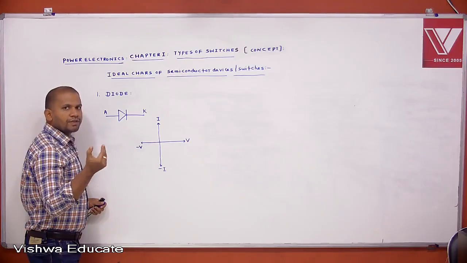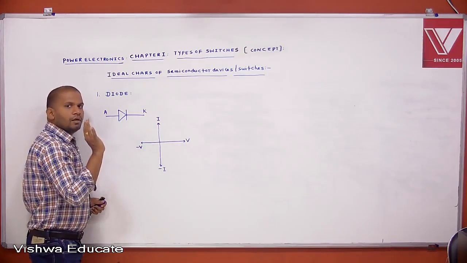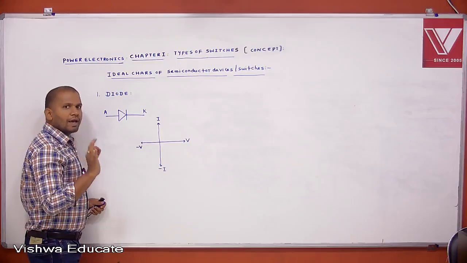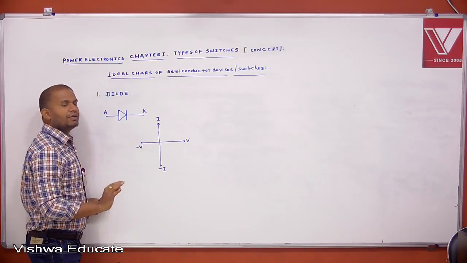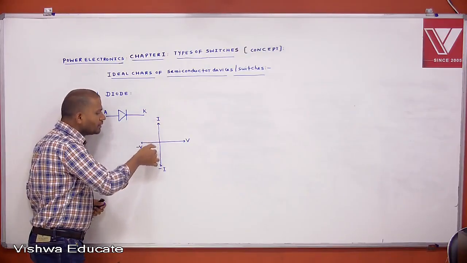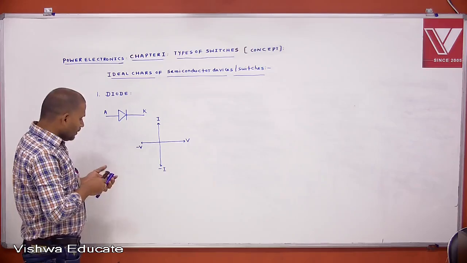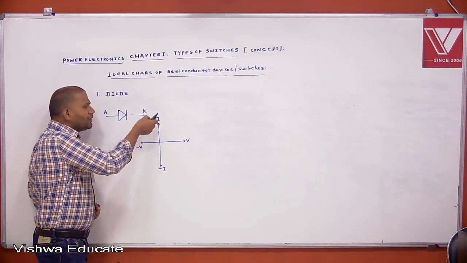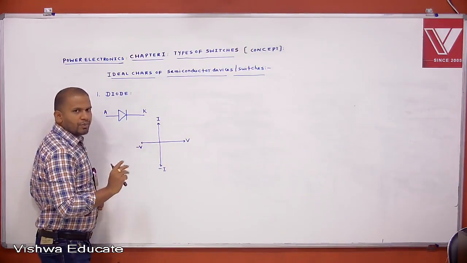On state and off state observations are ideally represented. In drawing static VI characteristics of any semiconductor device, always take current on the y-axis and voltage on the x-axis. Drawing the current characteristics is very simple. Simply remember it like this.